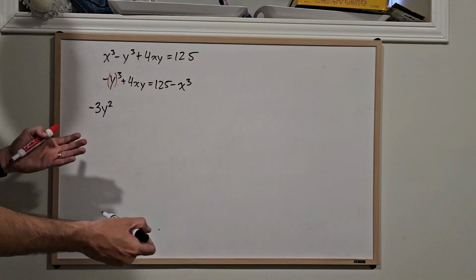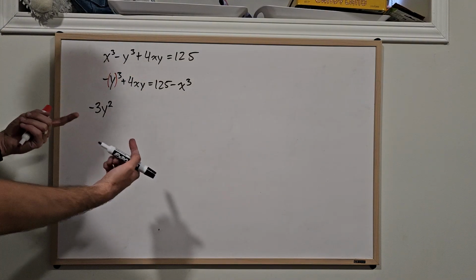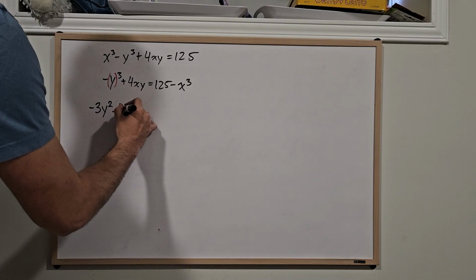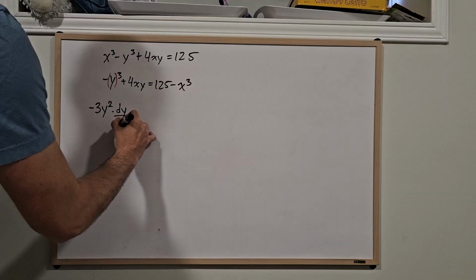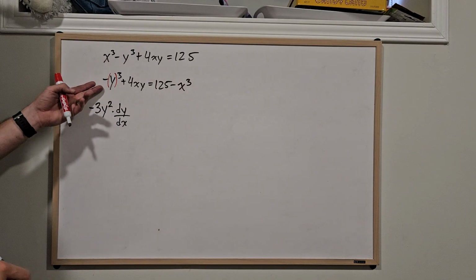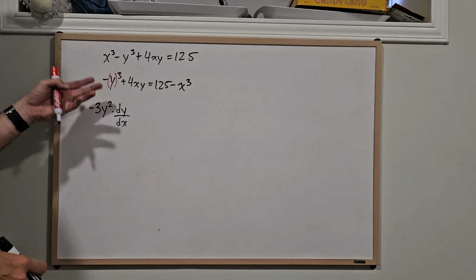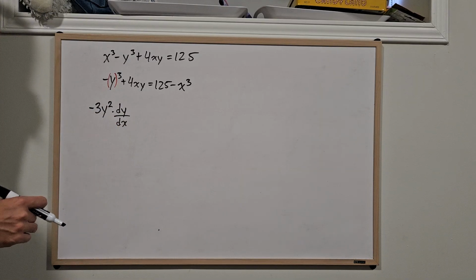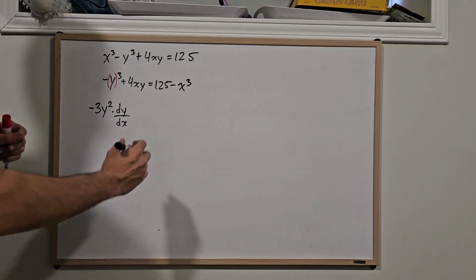We're taking the derivative with respect to x. Y is a function of x, so we have to multiply by our dy dx, which is the derivative of y with respect to x. But we don't really know what y is at this point, so we have to write it out like this. Classic chain rule over here.